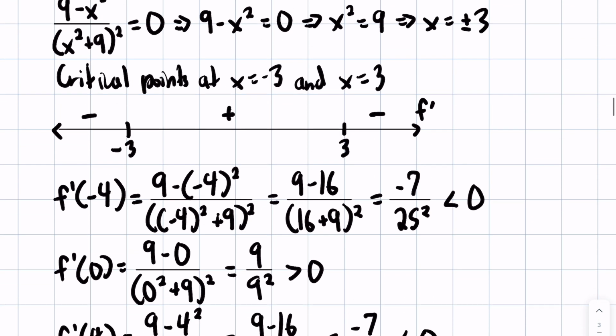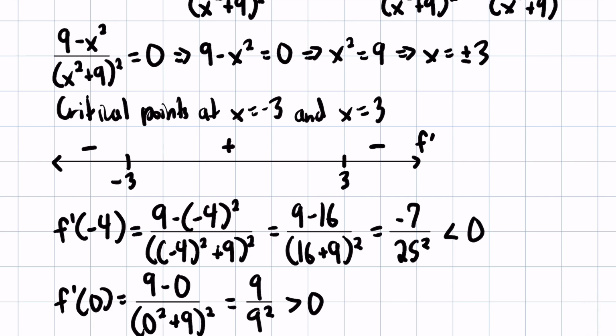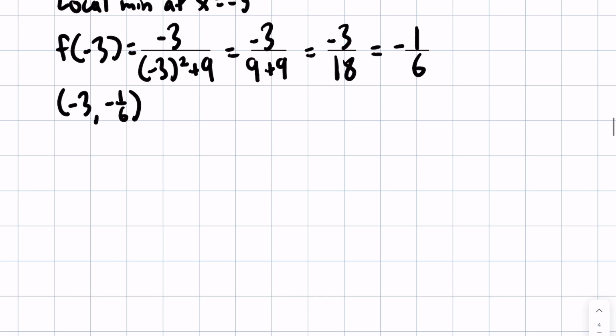Now, also by the first derivative test, when we move from the derivative being positive to the derivative being negative, like at 3, we're going to have a local maximum. So we have a local maximum at x equals 3. And again, I want to actually know the value of the function here.